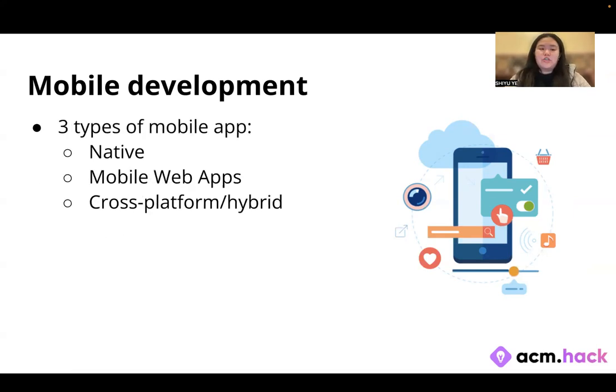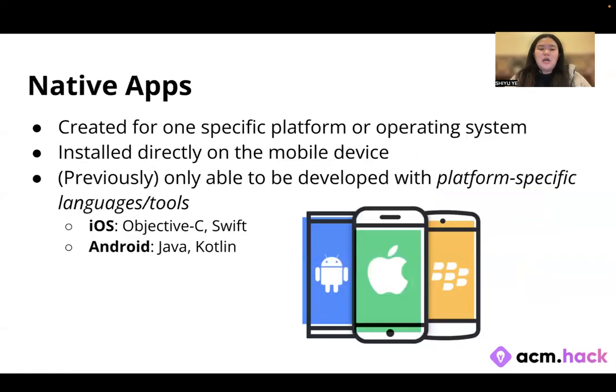And in general, there are 3 types of mobile app: native mobile apps, mobile web apps, and cross-platform or hybrid mobile apps. The focus of our workshop series will be native apps. Native apps are created for one specific platform or operating system, for example, iOS or Android.